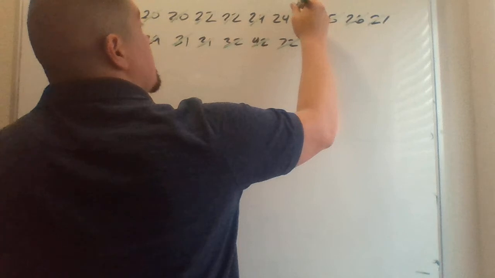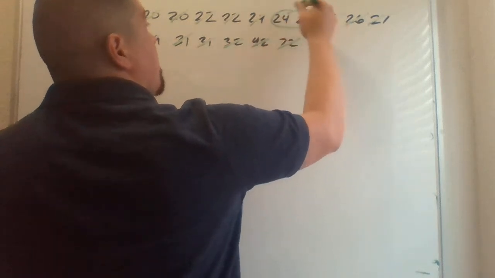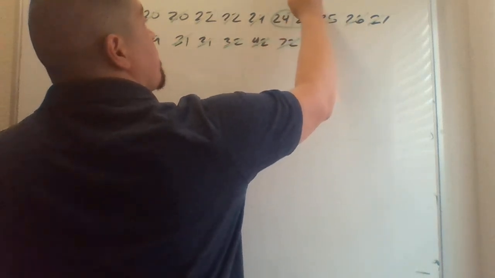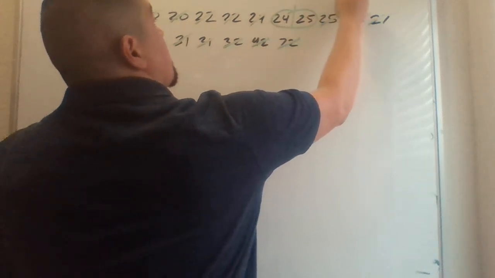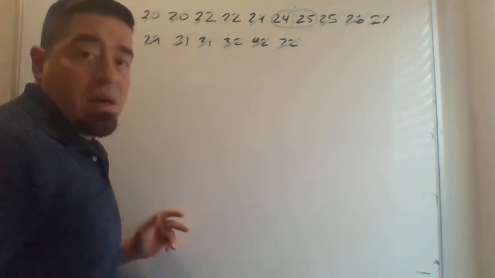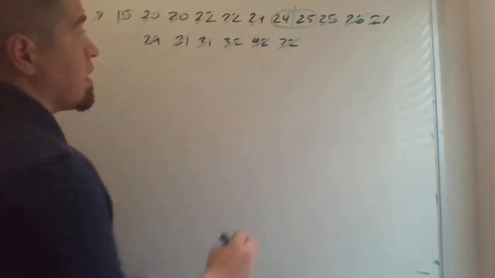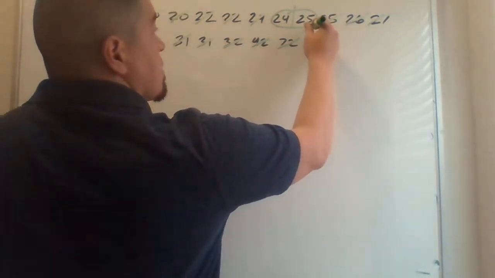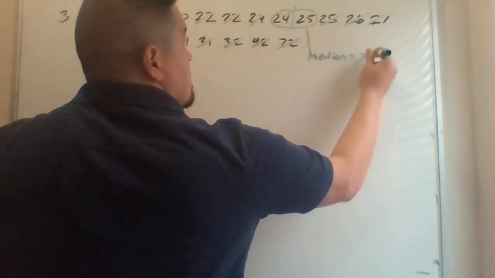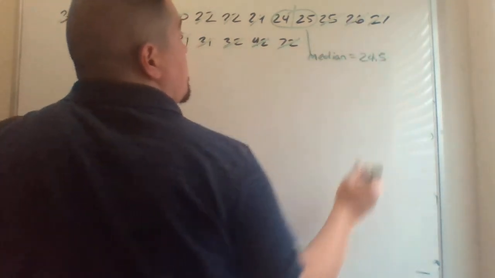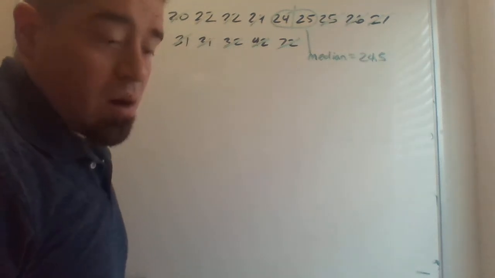So the median will be the average of these two, which will be 24.5. So that's our median. Okay, and I'll write it right here because it seems like you can't see it. 24.5.